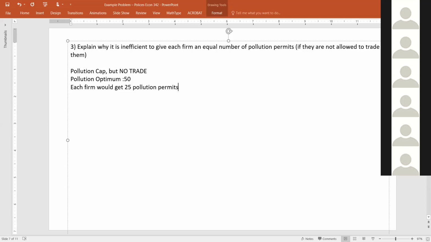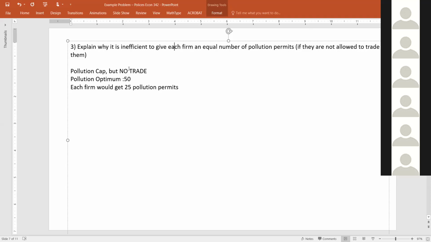Was it in the question that said 25, or did you just give a number? Yeah, so we already solved for the optimal number of pollution that society would like. So if the government is giving out pollution permits, they're going to give it out at that optimal level of pollution. They wouldn't allow for pollution that they don't want. You understand?